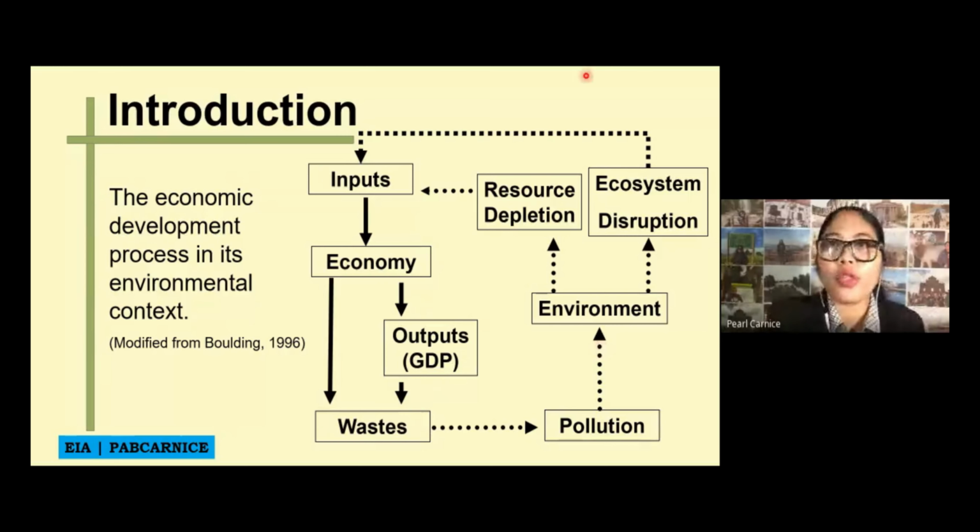If we look at this graph, let's start with inputs. When it comes to production, whatever it is that we want to produce, it will always require input. And if it requires input, of course, it requires a certain resource.